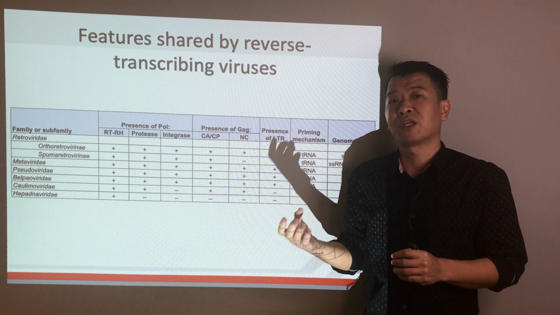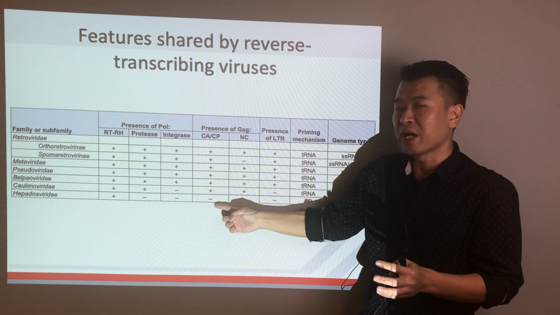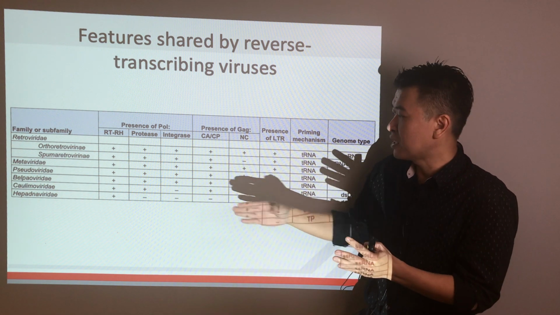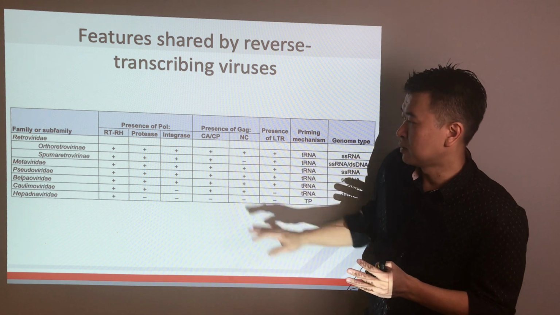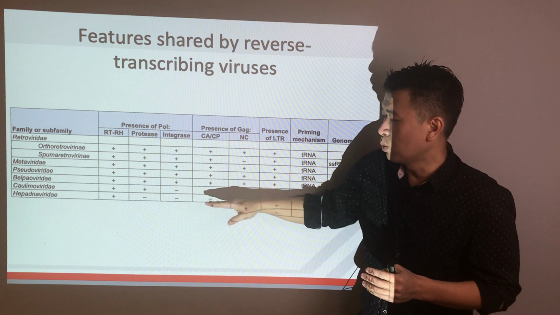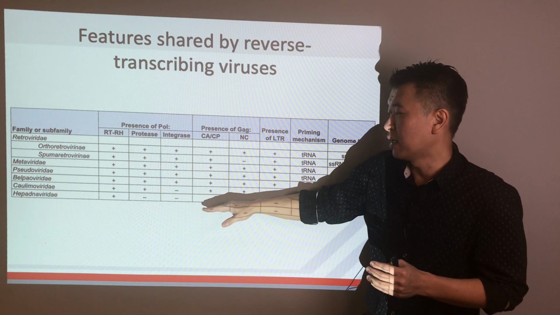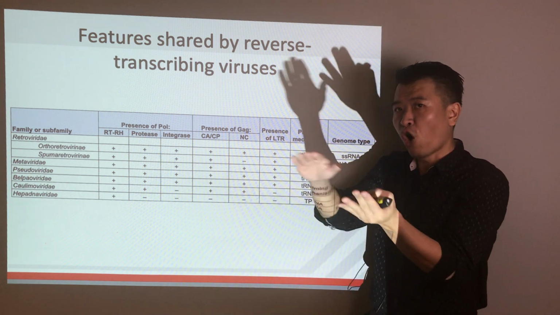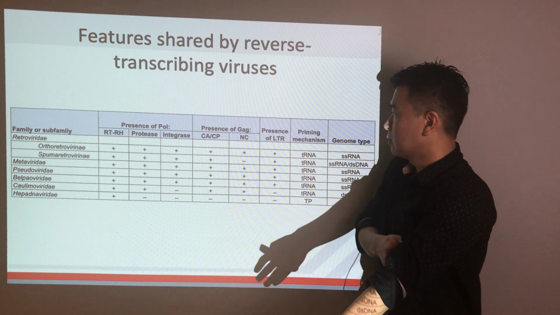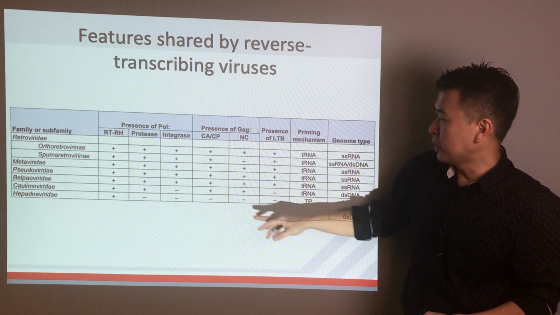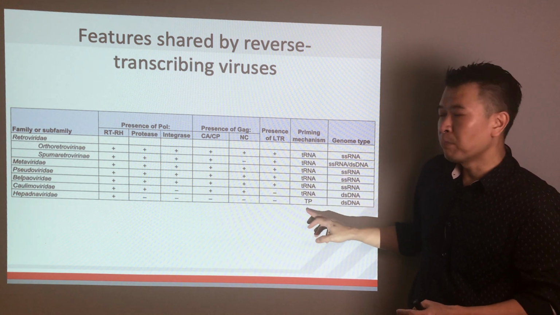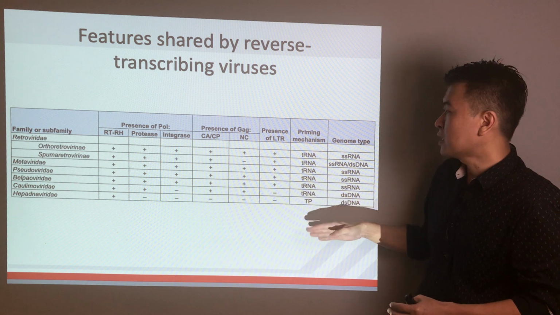They have a specific capsid, but this capsid is very distinctive compared to the rest of the retroviruses. That is the reason why Hypana is classified in a separate order. Not only that, it also has a different priming mechanism that separates them.